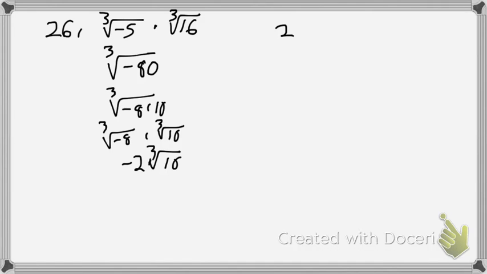Now the other thing I could do is I could write it like this. I could go cubed root of negative 1 times 5. That gives me the cubed root of negative 1 times the cubed root of 5, or negative cubed root of 5.